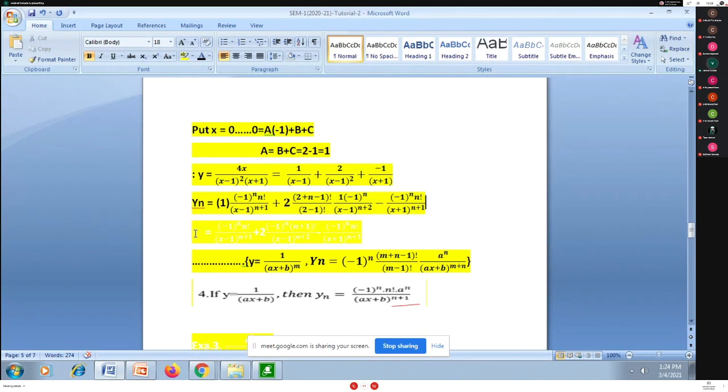Whatever the common thing, I can take it outside, or I can keep this as it is. In this second term only I'm writing 2 plus n minus 1 as n plus 1 factorial here, and in the denominator I'm writing 2 minus 1 factorial as 1 factorial, which I kept in the denominator here.